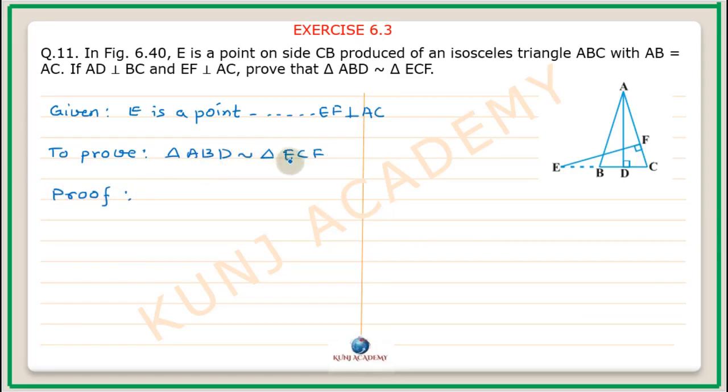In triangles ABD and ECF, since this angle is equal to this angle, each 90 degrees, angle ADB is equal to angle EFC, which is 90.